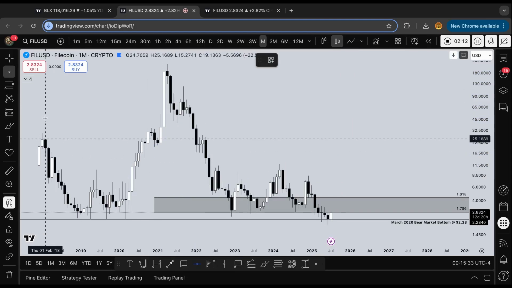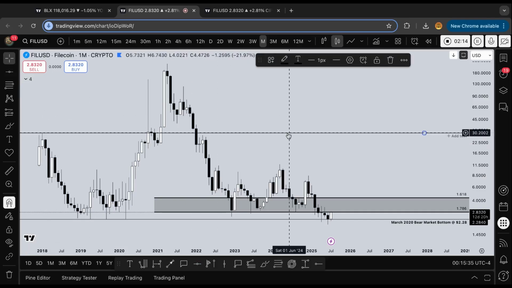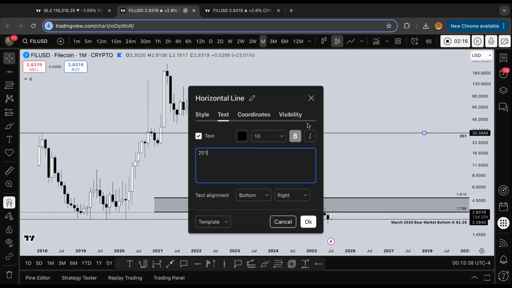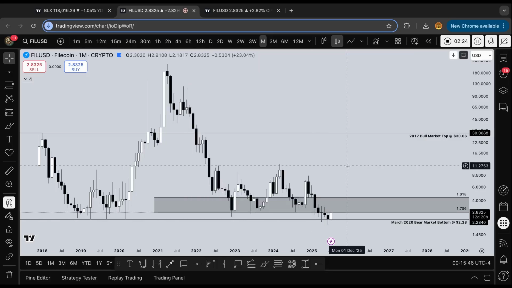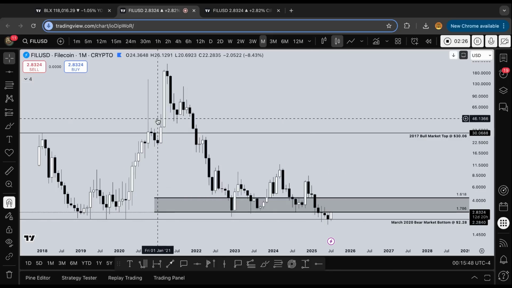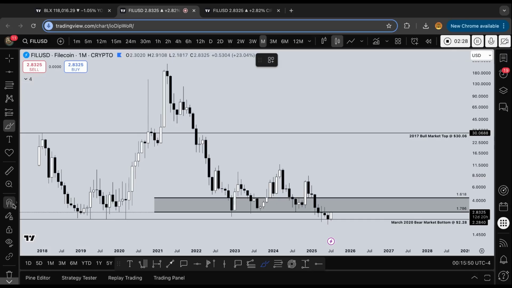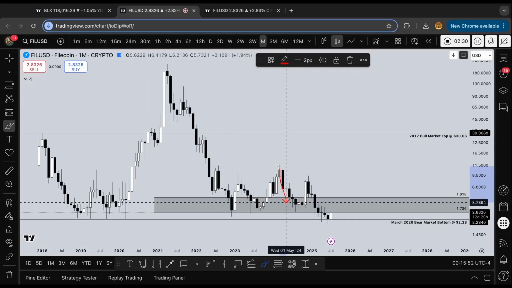Okay, we can also label the 2017 bull market top at $30.06.